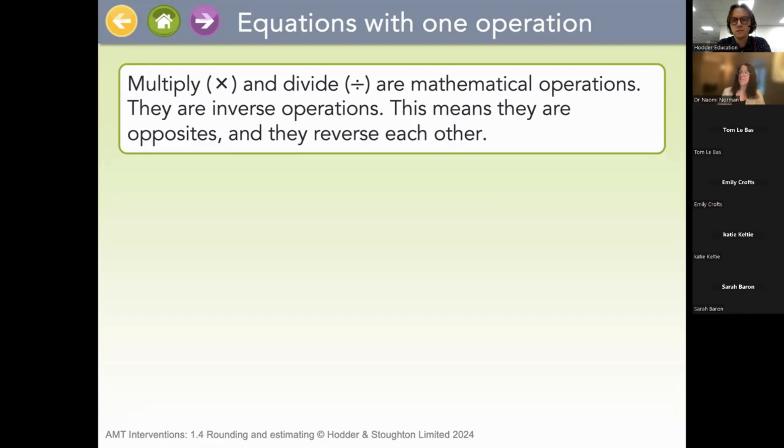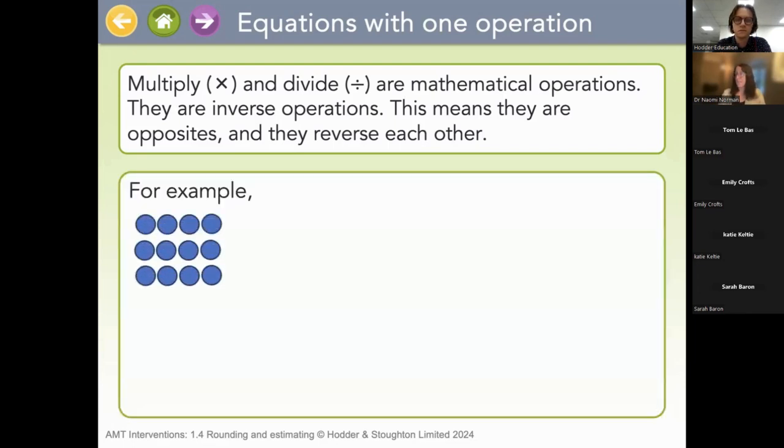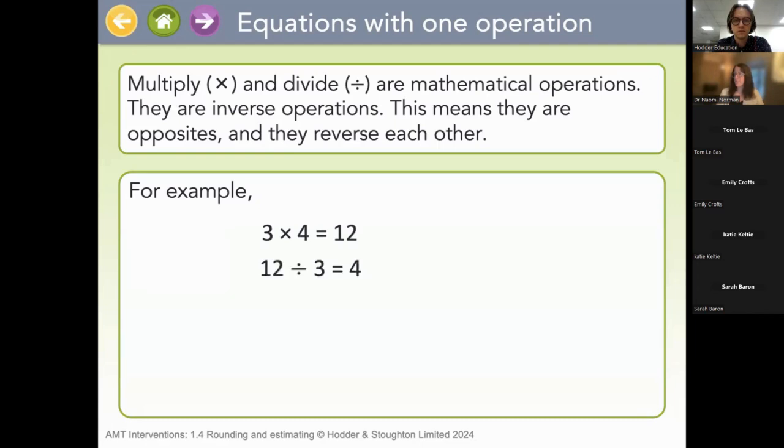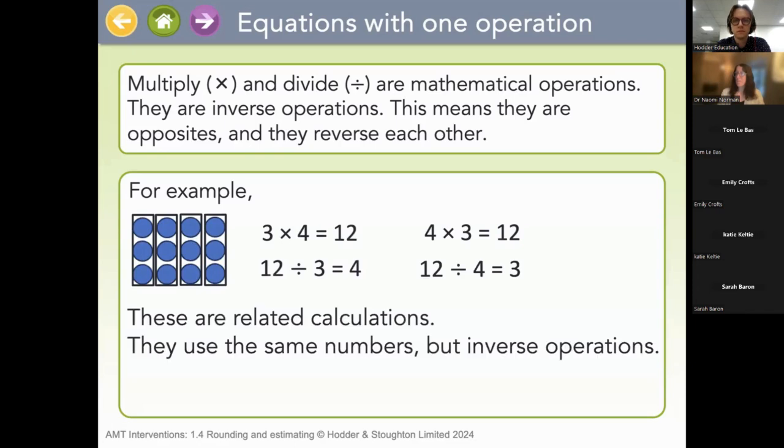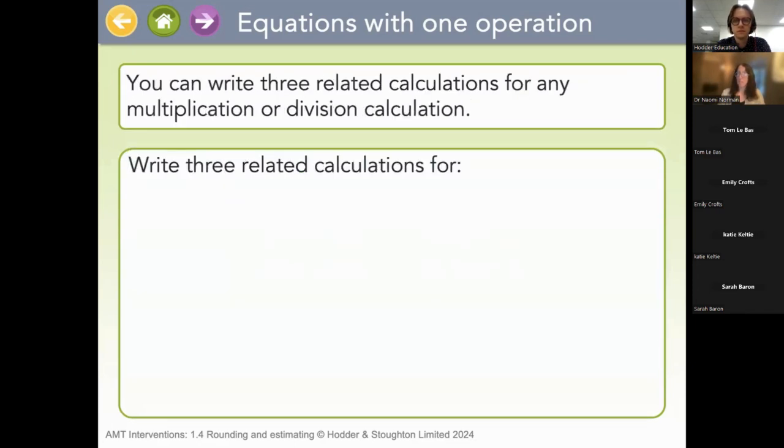And that's the idea of the inverse operations of multiplication and division. And an animation confirms the related multiplication and division calculations involving 3, 4, and 12. So once again, we've chosen a very comfortable starting point.